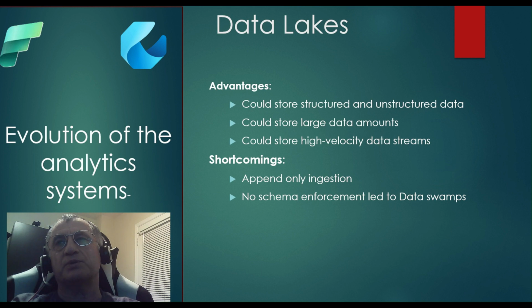so-called data swamps, where organizations had many data artifacts that did not comply with expected schemas or structure, and that brought low quality and the loss of confidence in the data.